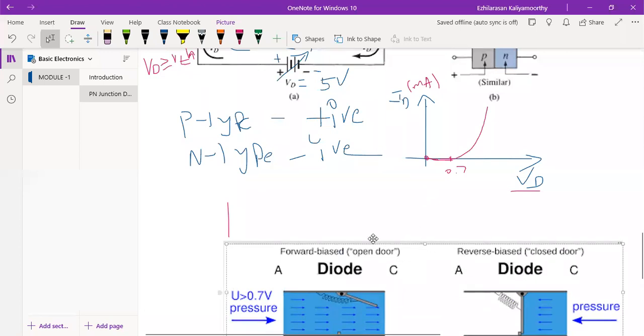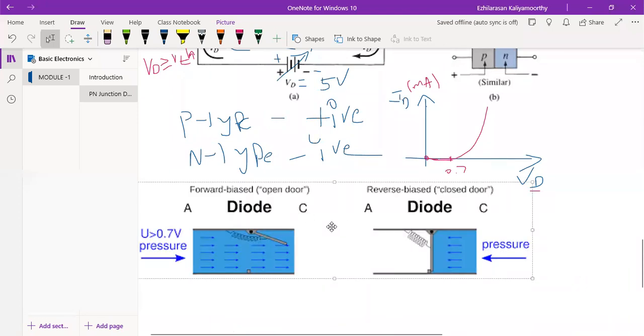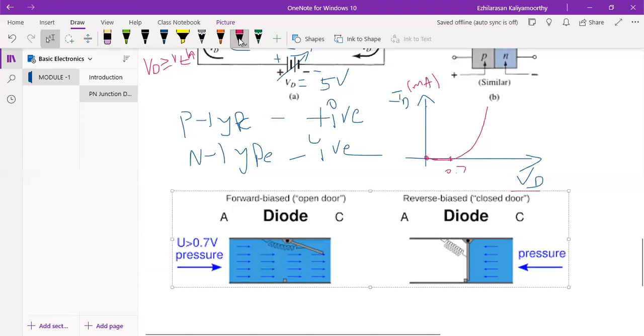See here, I'm showing the analogy for both. I hope you can see this figure.